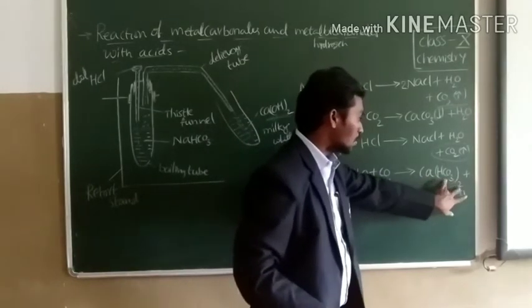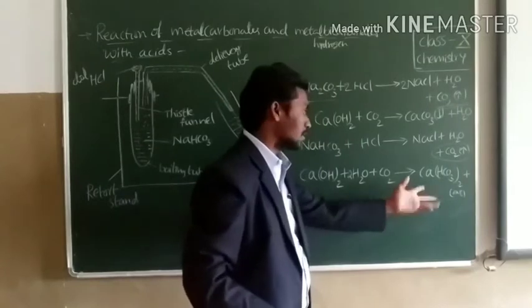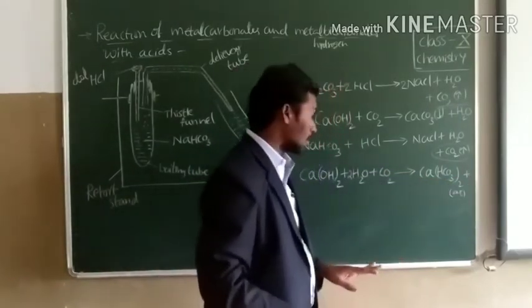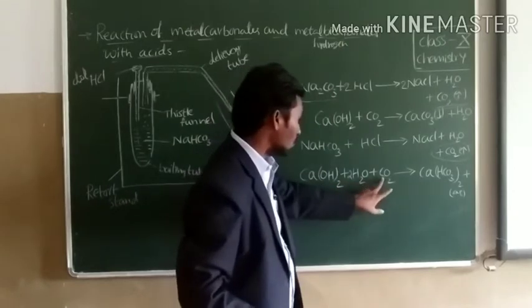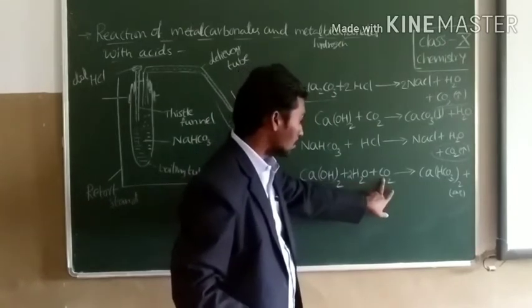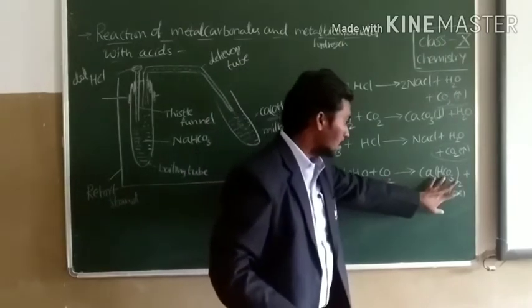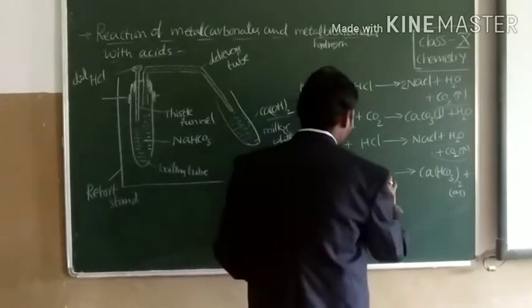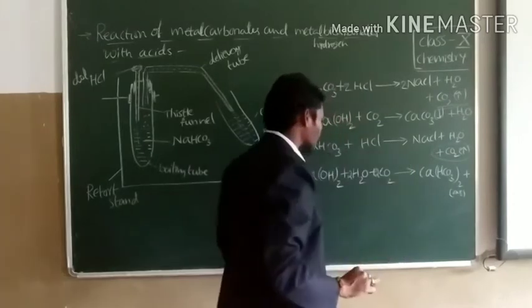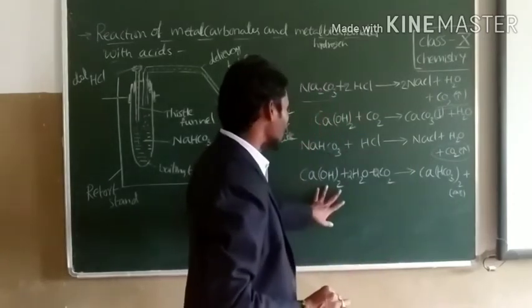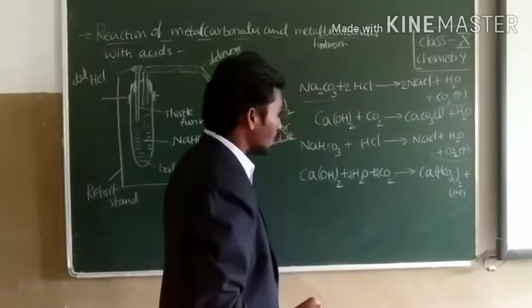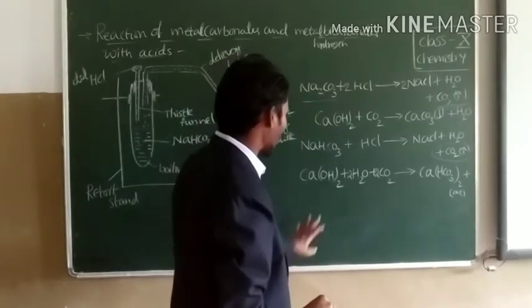Here 3 twos are 6 oxygen atoms. Calcium atom balanced. Oxygen atom balanced. Carbon atoms: here one carbon atom, here C2, 2 carbon atoms. So let us write here 2. Ca(OH)2 plus 2H2O plus 2CO2 gives rise to Ca(HCO3)2.